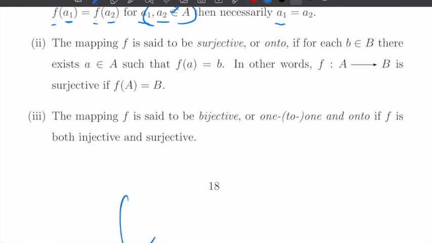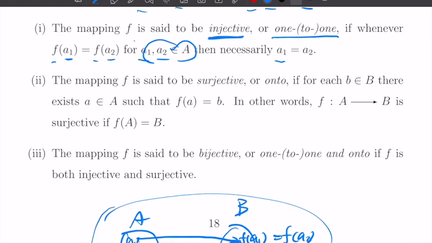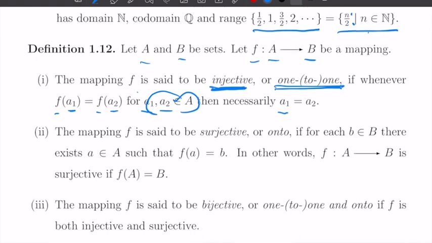Maybe I should write here. So we have A and B. Suppose a1 and a2 are different, but their destinations in B are the same. That means f(a1) is equal to f(a2). If this is the case, then a1 and a2 are actually equal. If this happens, then this mapping is said to be injective or one-to-one.